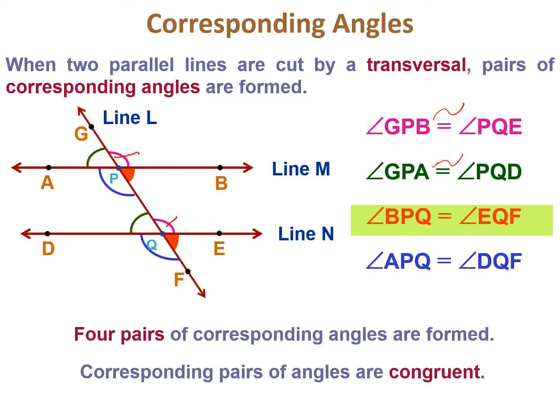Next, this one here, GPA, is congruent to this one. Then PBQ, this portion here, is congruent to EQF, this one here.